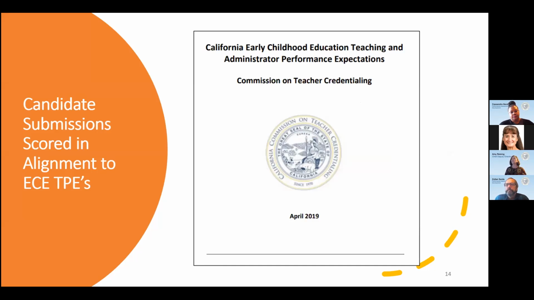We looked at all of that work and then developed teaching performance expectations. And so these teaching performance expectations are actually what we measure in the teaching performance assessment. And you will see how they're keyed into the rubrics when we get to that part of the presentation.